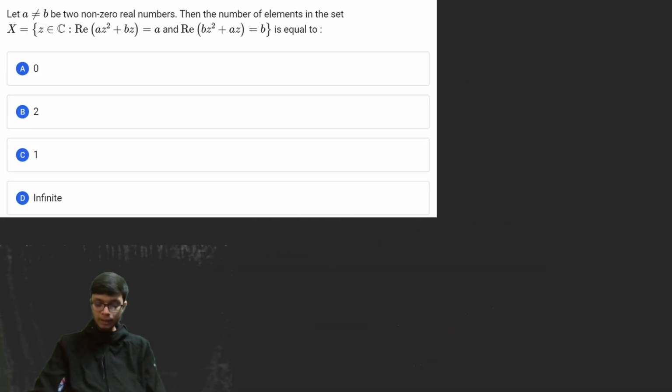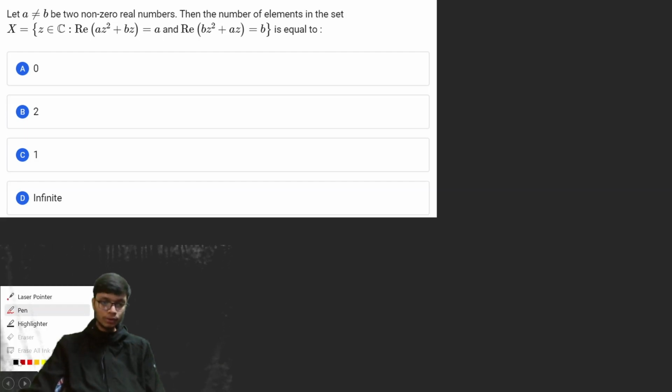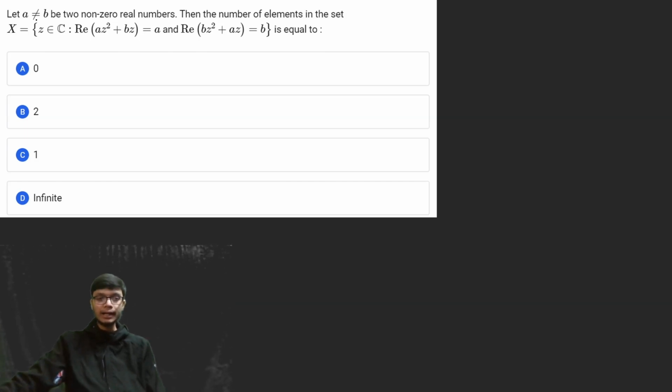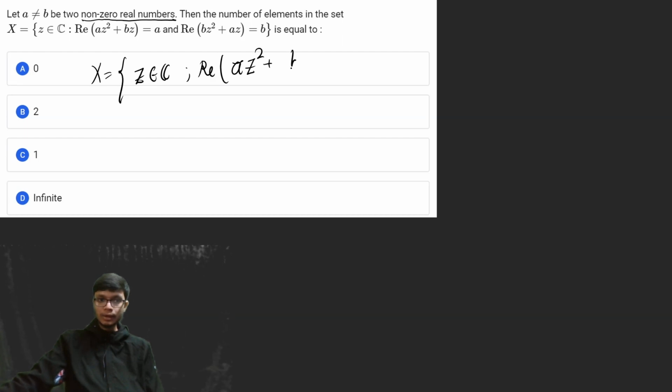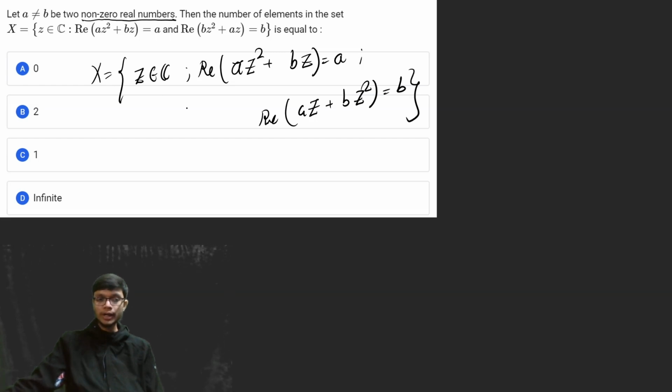The next problem is again a fairly simple problem. It says that a and b are two non-zero real numbers, such that the number of elements in the set, z belonging to the complex numbers, where the real part of az square plus bz is equal to a, and the real part of az plus bz square is equal to b.